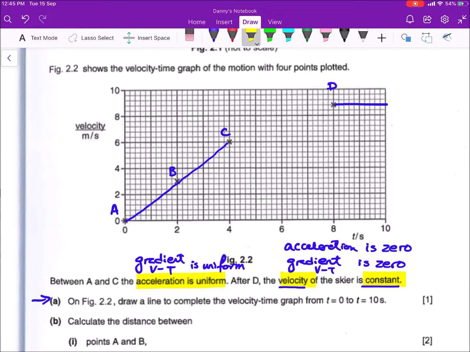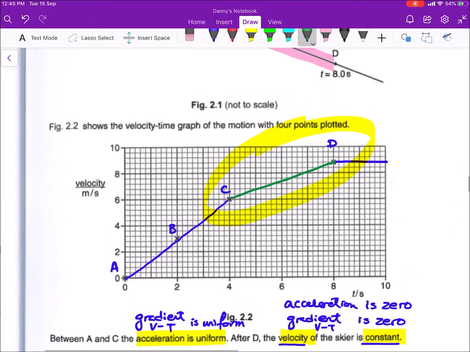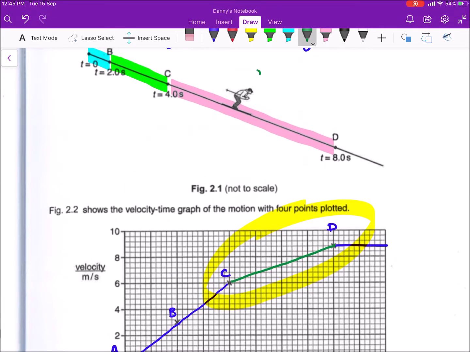So now the trick is I have to connect the line between C and D. So I will just try to connect. Can it be a straight line also? Very unlikely, right? Because when you are traveling at a high speed between C and D, as you can see in this diagram, you are skiing on Earth, so there will definitely be air resistance.